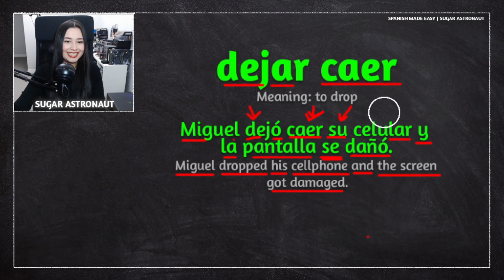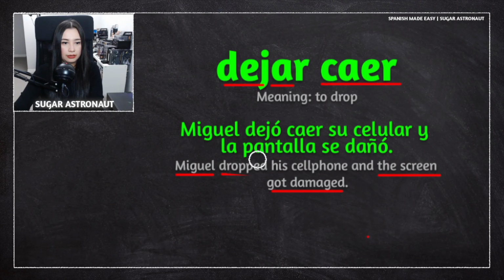La pantalla se dañó means the screen got damaged. Dañó comes from the verb dañar, which means to damage. This is past tense and it means damaged.